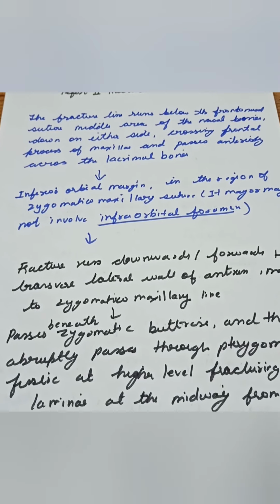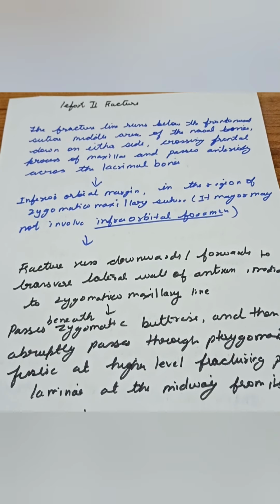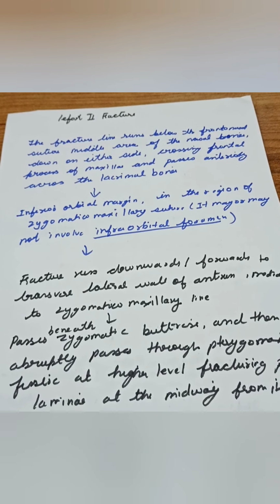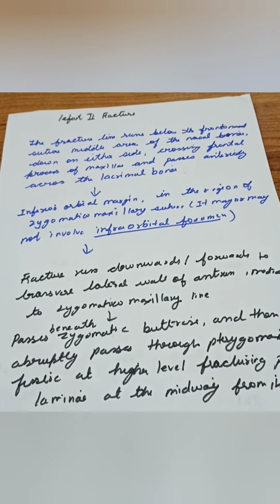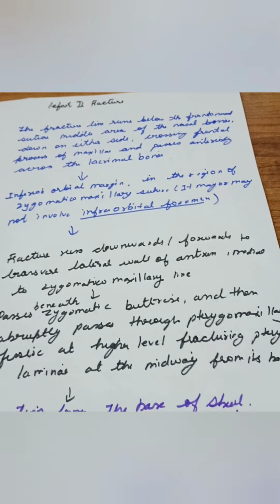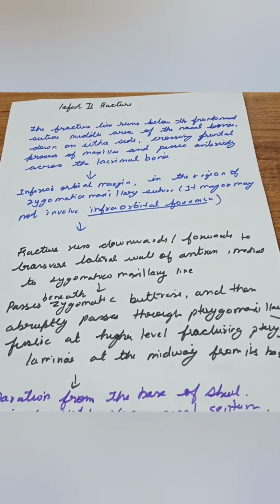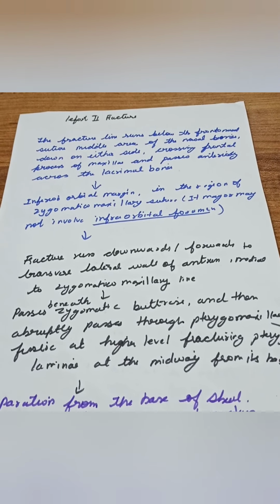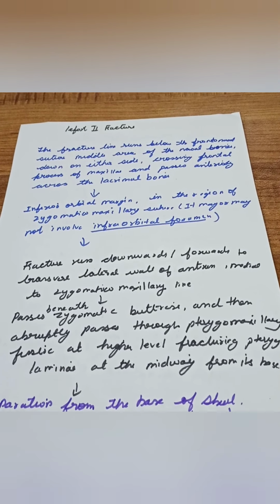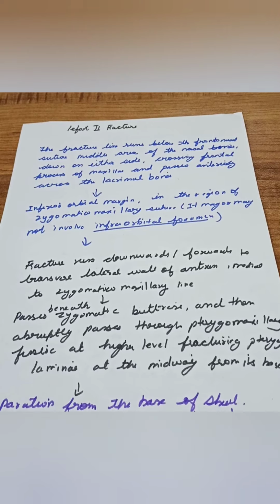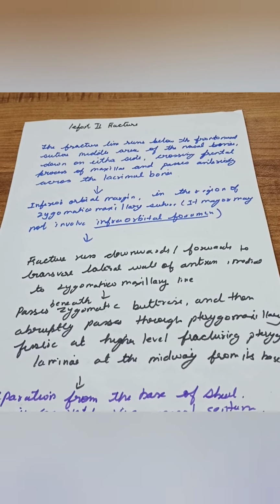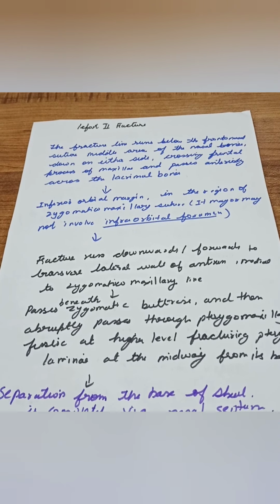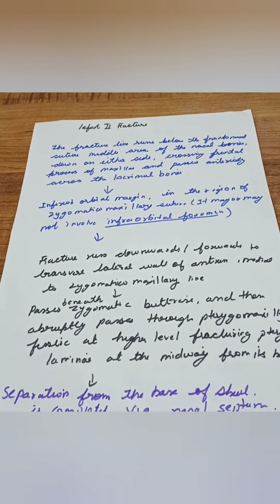The fracture runs downwards and forwards through the lateral wall of the antrum, medial to the zygomatico-maxillary line, and it passes beneath the zygomatic buttress and then abruptly passes through the pterygomaxillary fissure at a higher level, fracturing the pterygoid lamina midway from its base. And the separation from the base of the skull is completed via the nasal septum.